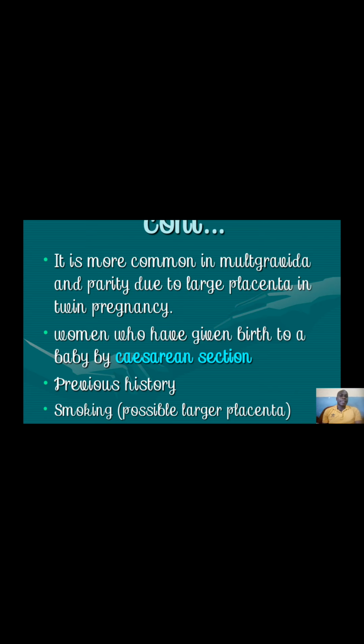But also women who have given birth to a baby by cesarean section, wanawake ambao wanajifungua kwa upasuaji, kama nilivyozungumza kwamba placenta naturally huwa inajipandikiza sehemu ambako hakuna kovu. Sasa assume kwamba mother mimba ya kwanza deliver by cesarean section, ya pili by cesarean section, ya tatu by cesarean section, ya nne anavyojifungua by cesarean section, scar inabaki.